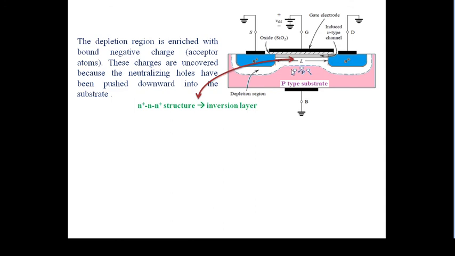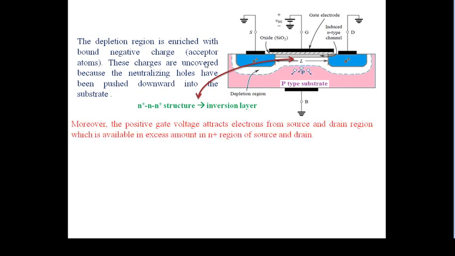So we are inverting the p-type substrate to the corresponding n-type by giving the positive gate-to-source voltage. Moreover, the positive gate voltage attracts electrons from the source and drain regions, which have an excess amount of electrons in the n-plus regions.